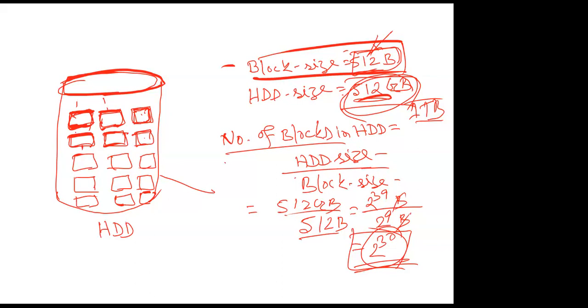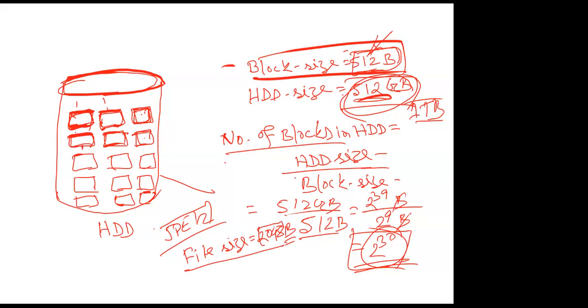It can be, let's say, one jpg file, and its file size is, let's say, 2048 byte. Okay, 2048 byte.